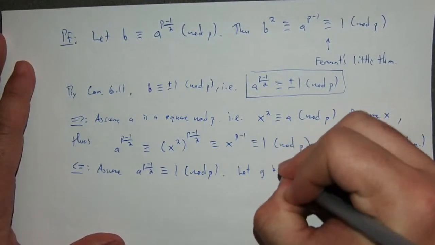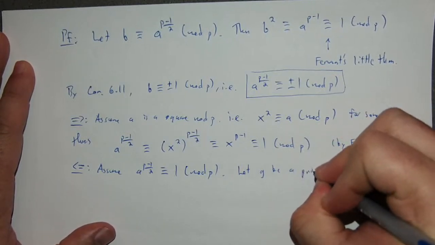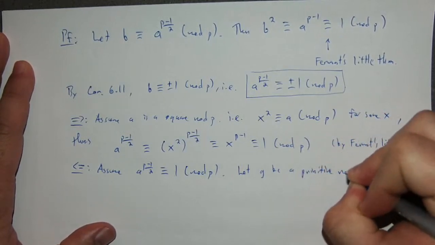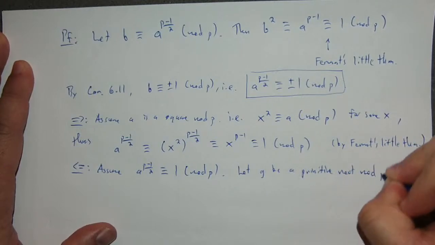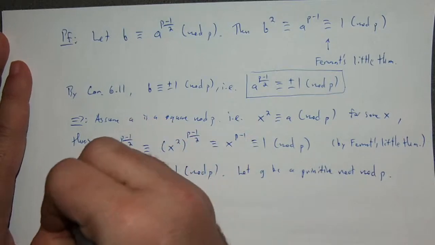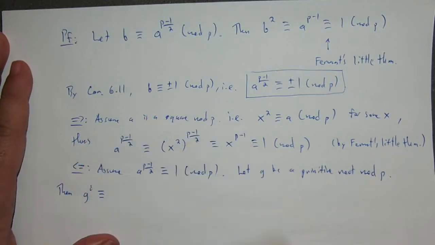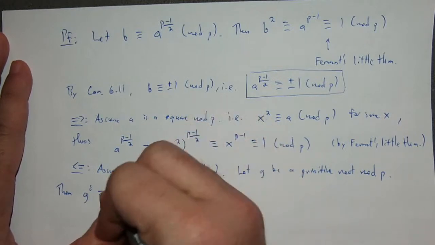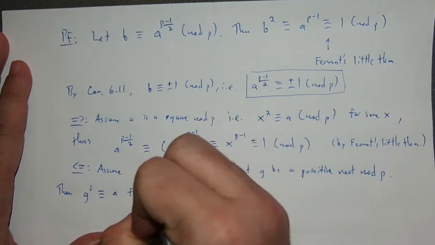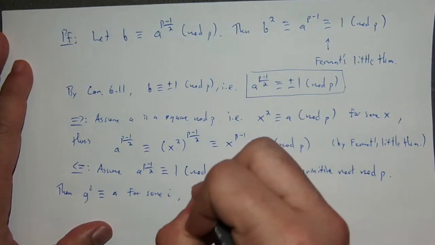So let g be a primitive root mod p. Then g to the i is congruent to a for some i. That's part of it being a primitive root.